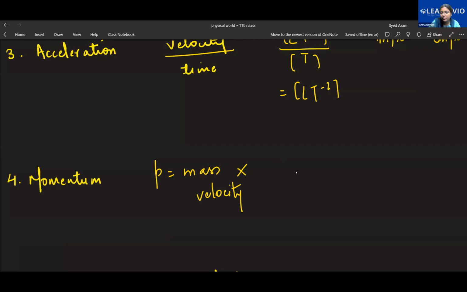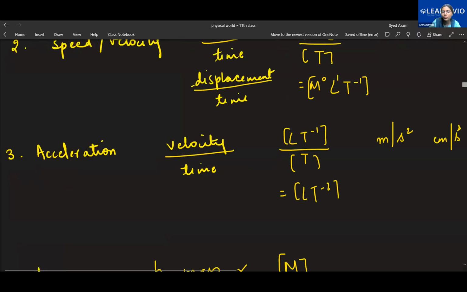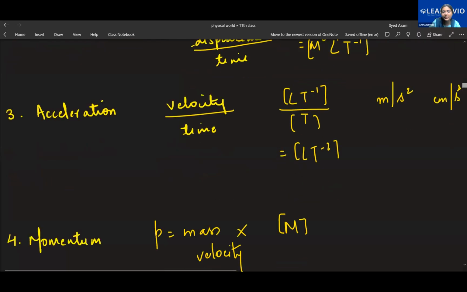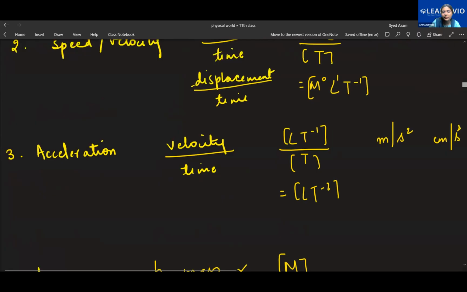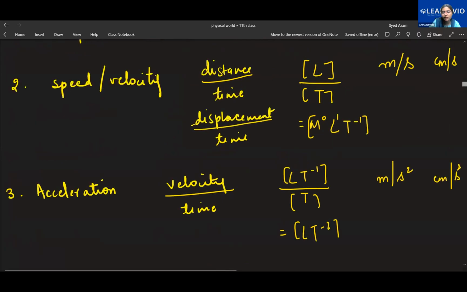M multiplied to LT. No, multiplied by M. LT by T, M by T, L by T is velocity.